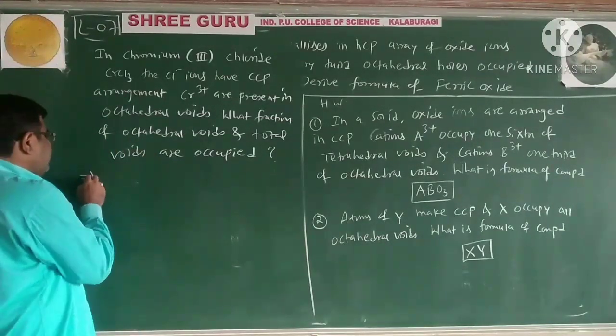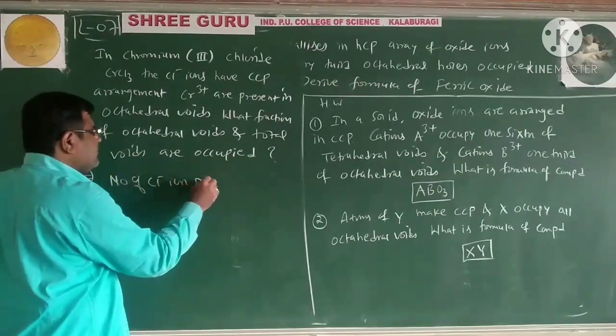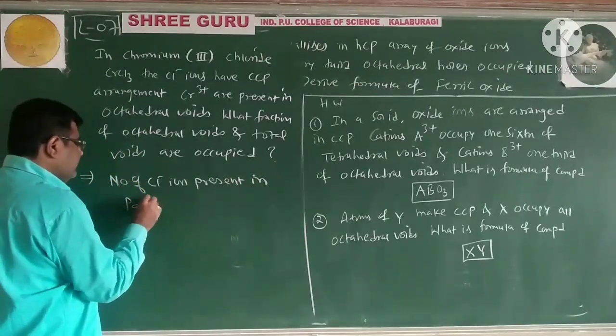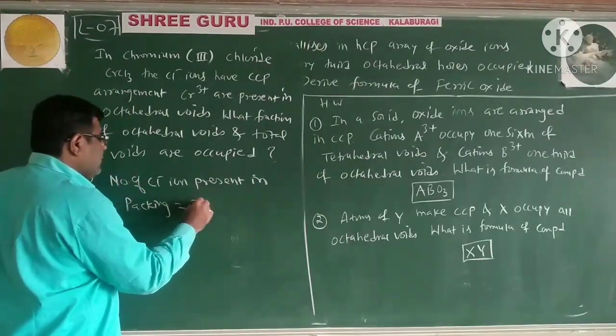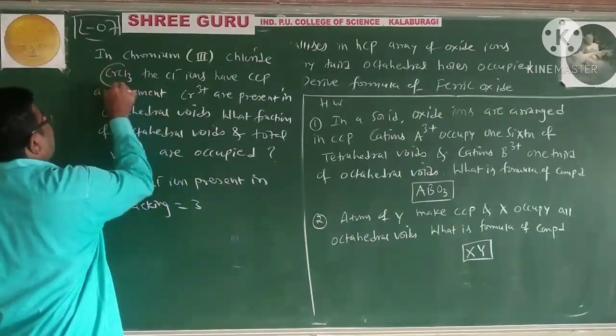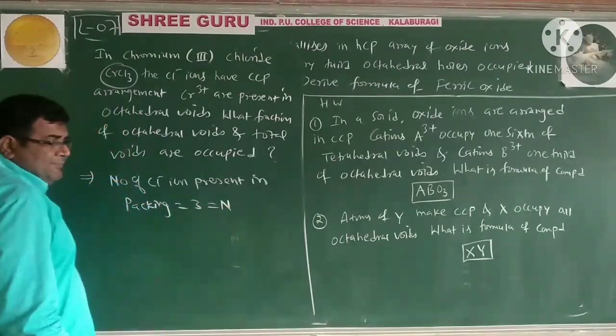We can say the number of chloride ions present in packing is equal to 3 because this is the formula. That equals N, isn't it?